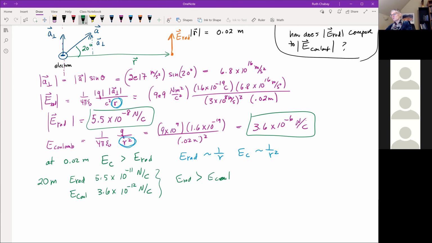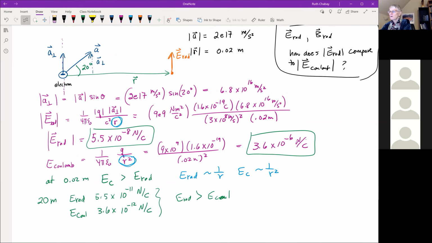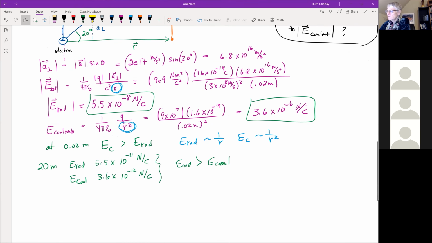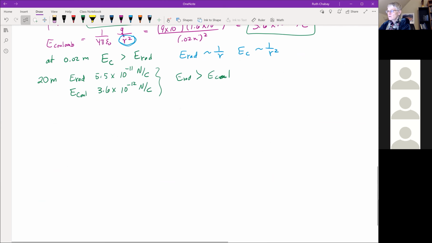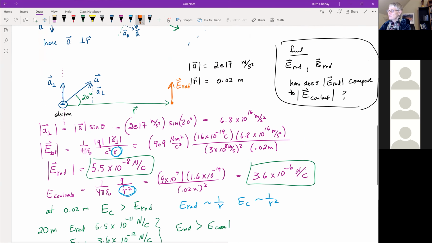Well, what would the net electric field at the observation location be? Well, it's going to be changing, for one thing. So here's our observation location. If we drew the Coulomb field, it's an electron, so we'd have the Coulomb electric field that way.